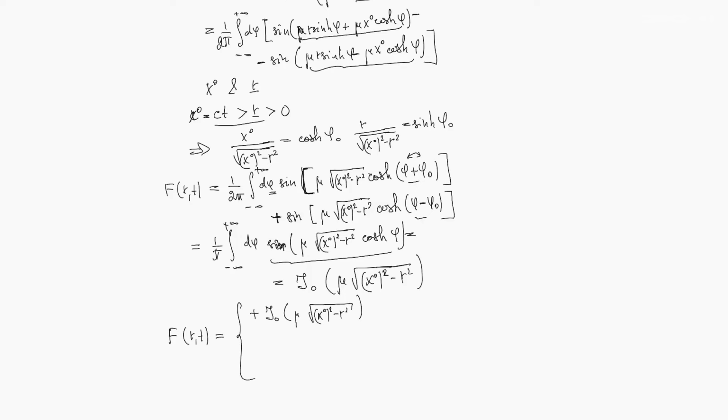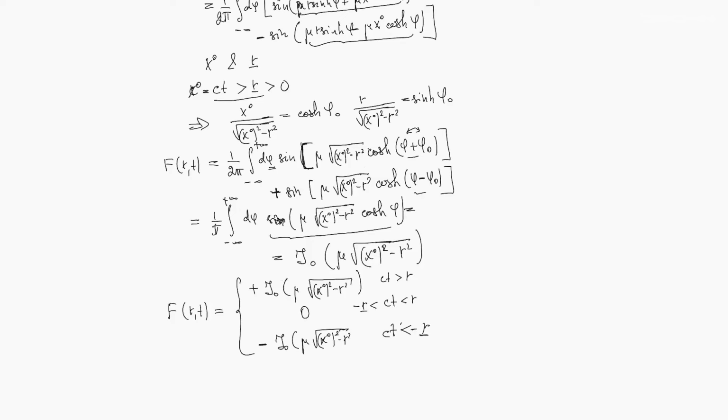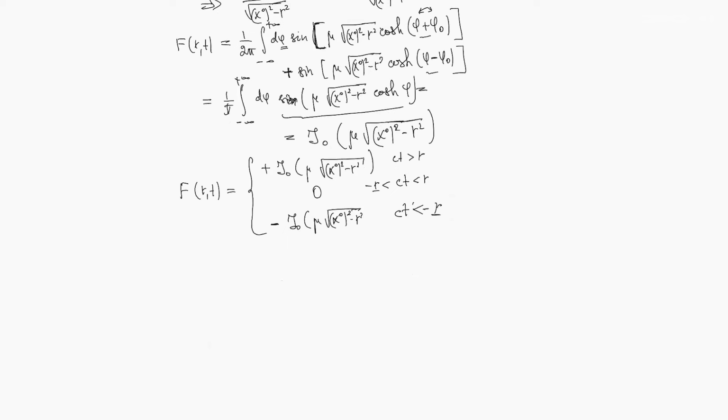Then you will find that the answer is actually 0 if CT is in between R and minus R. And finally, you will get minus J0 of mu square root of x0 squared minus R squared for the case of CT less than minus R. So there are 3 possible cases of inequalities between the value of CT and R, and for each of them, you will get the corresponding answer for this function f.